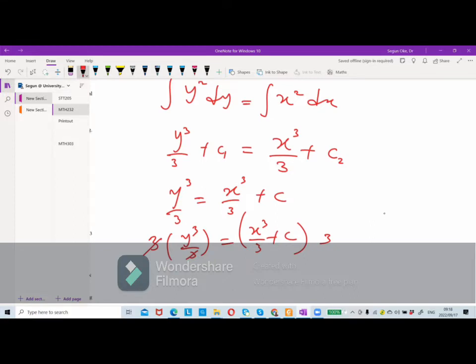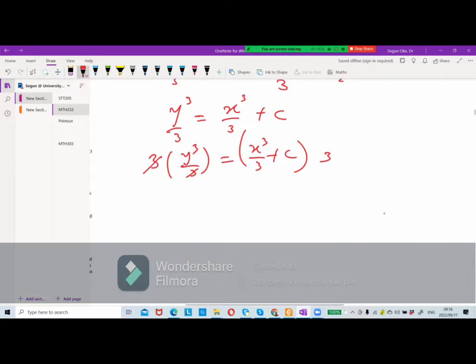So at the end of the day, I have y raised to power 3 equals x raised to power 3 plus c. I know you will say c times 3. Yes, you are right. But a constant multiplied by 3 is still a constant. So that's why I just write c. But now the problem is I need y. How do I make y the subject of this?